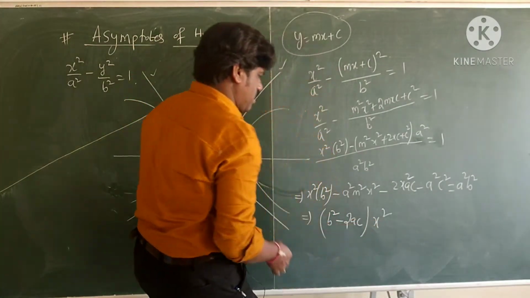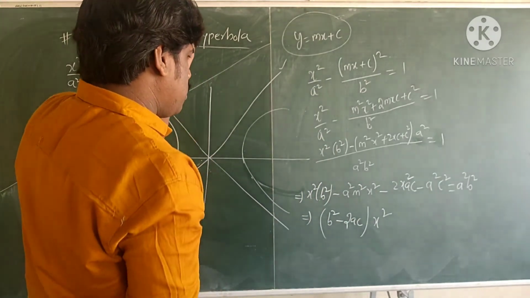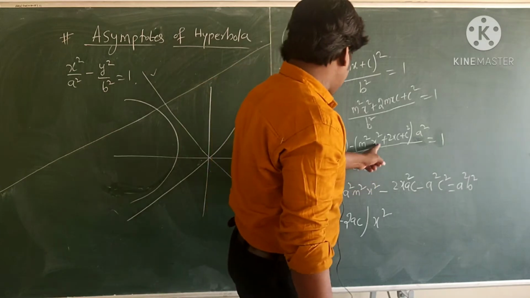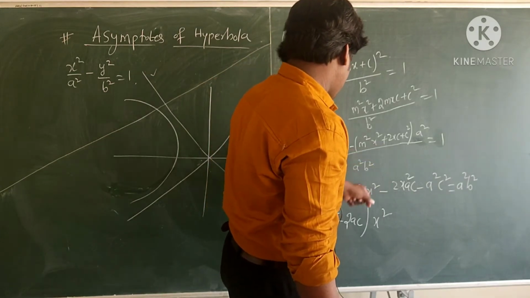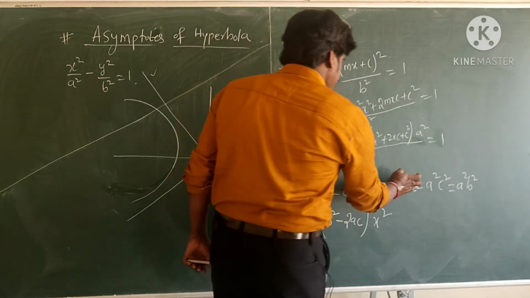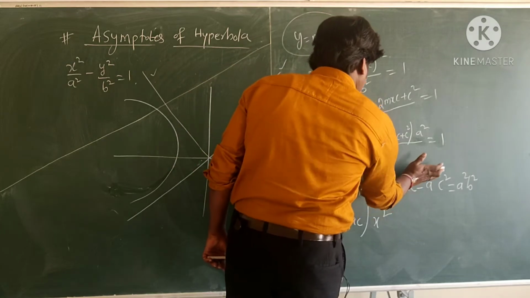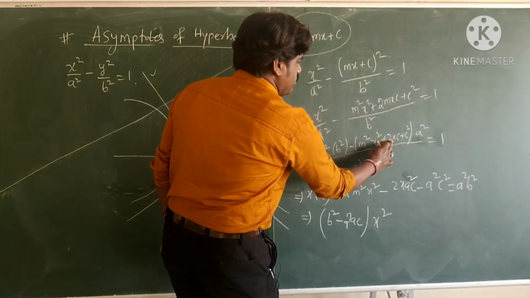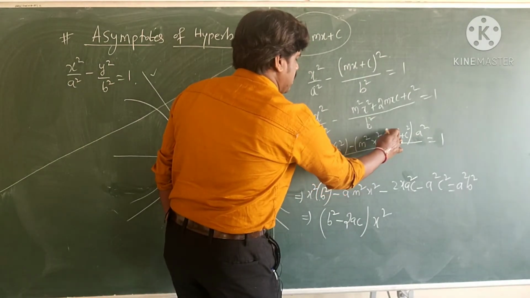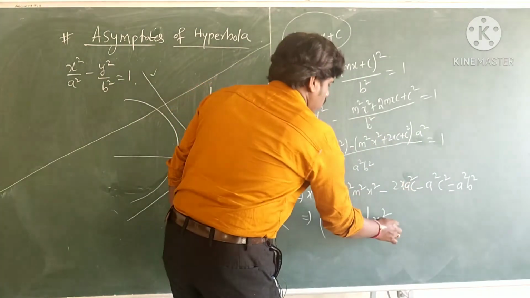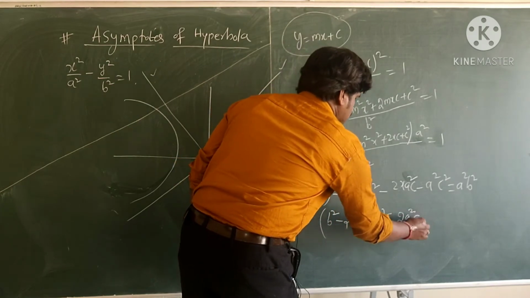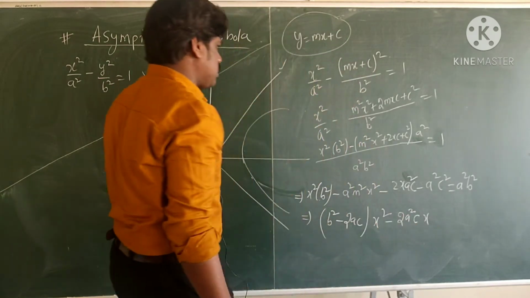X coefficients, what are there? See this one, when I multiplied, 2 a square mc into x.